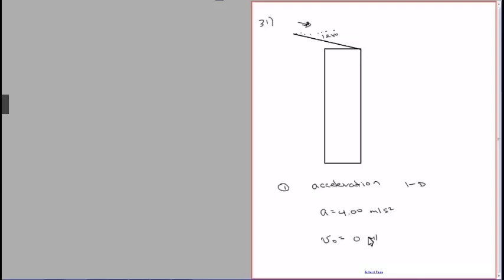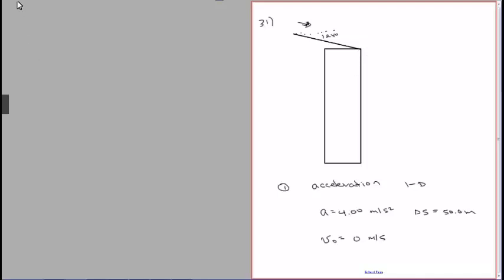We need one more piece of information, and it says for a distance of 50 meters. So we'll call it delta S for this distance along the surface. So delta S is 50 meters. With that, we can calculate the velocity as it leaves the cliff, and that'll be the initial conditions for the second part of the problem.